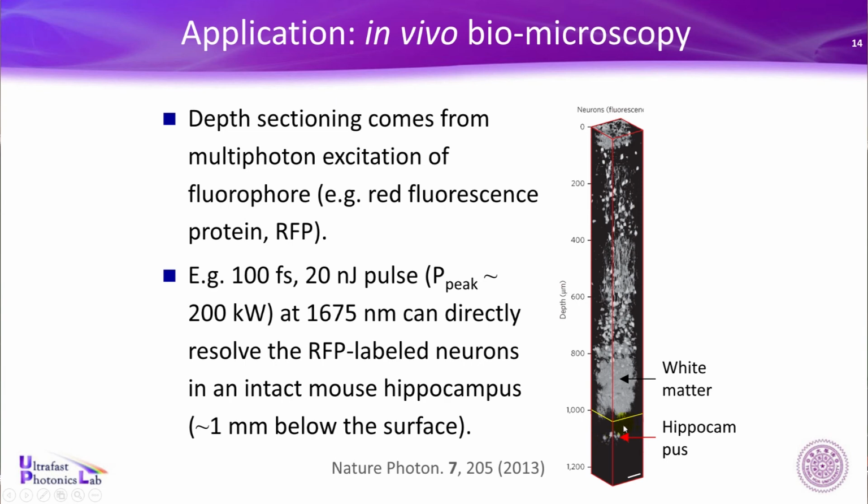Okay? For example, RFP means the fluorescence is red light. 它发出来的是红光，红色的荧光。And the excitation wavelength has to be even shorter than the red light, so it can be excited by green lasers or even UV lasers.